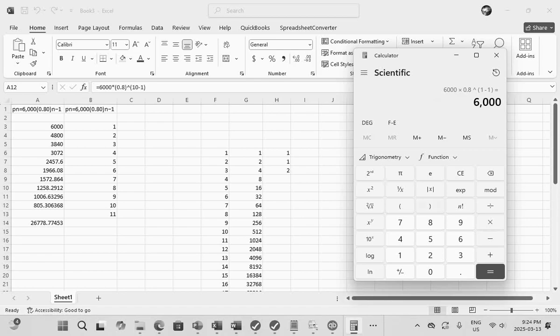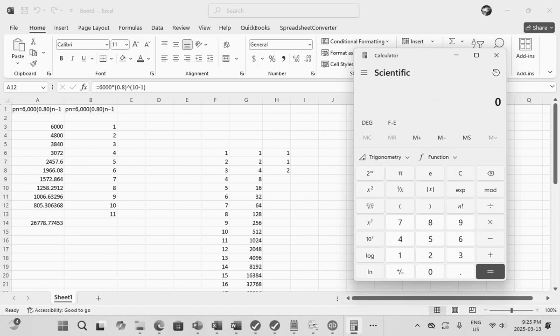So your second number will be 6,000 into 0.80 raised to 2 minus 1. Notice the total without the brackets, and notice the total when you put the brackets.